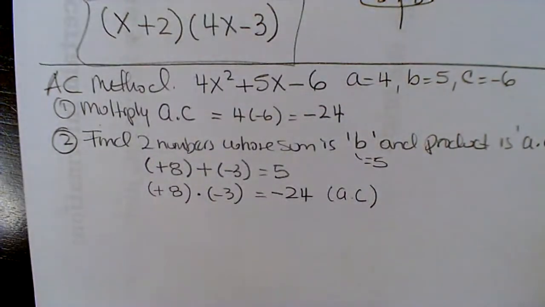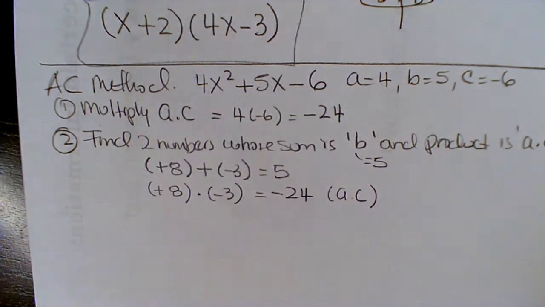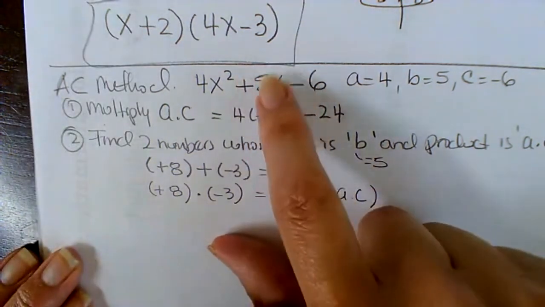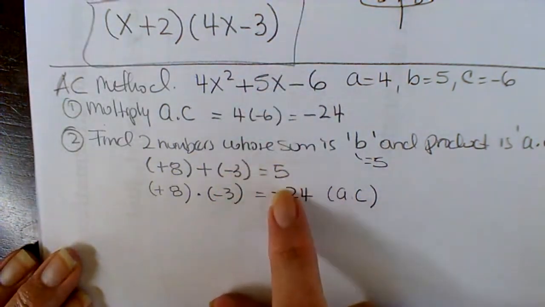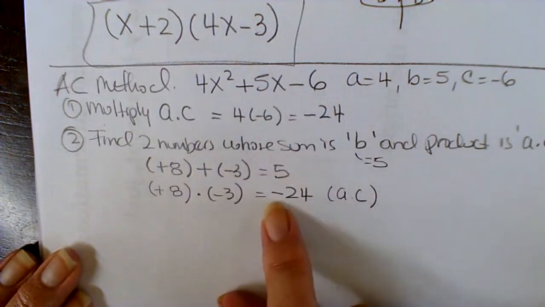Now that we have that, we will introduce the factor by grouping. And by grouping, we need to remember that we need to have 4 terms. So we're going to create them. We're going to rewrite the B term using the two numbers that we got.